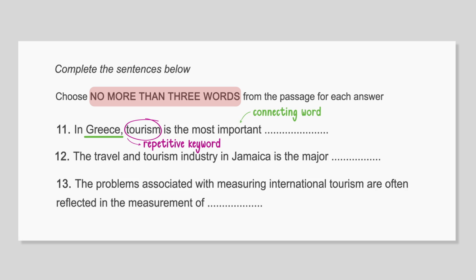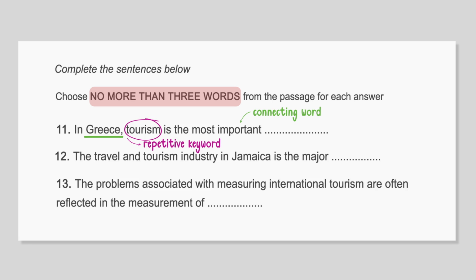This is the connecting word. The connecting word is the word that is before or after the blank, and it will definitely help you find the correct answer in the blank, right? Now, pay a lot of attention to the word and its synonyms.